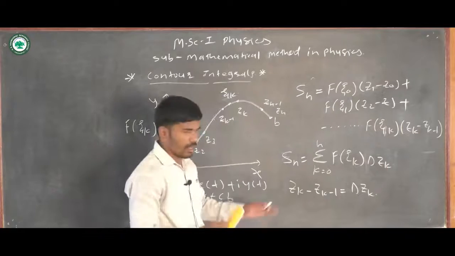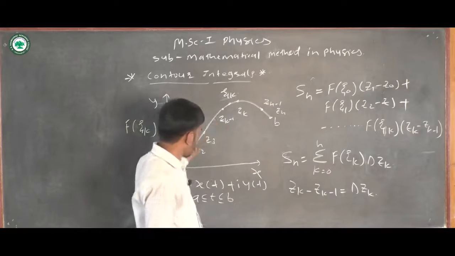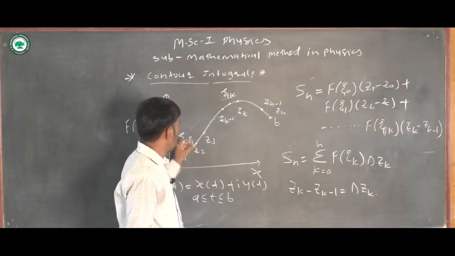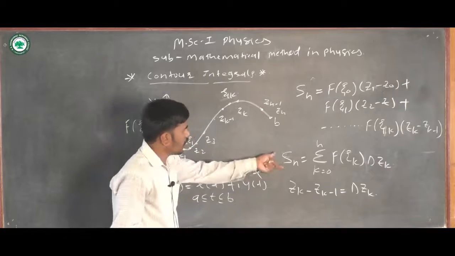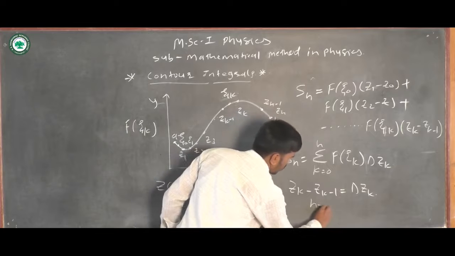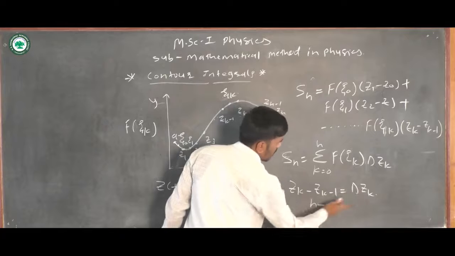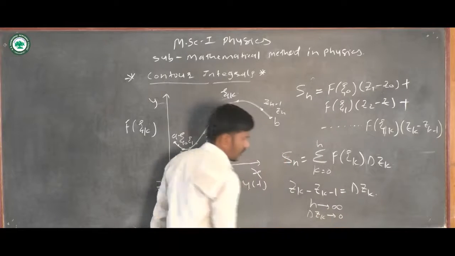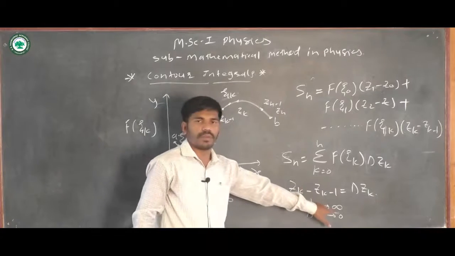Okay, so this is the summation of these functions over this curve, which is simply a smooth curve. Now the next point is, if n goes to infinity, or continuously increases, then del zk goes to 0. Okay, this is the limit approached when n goes to infinity.